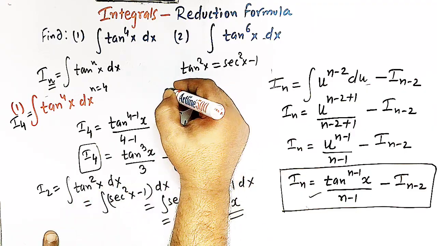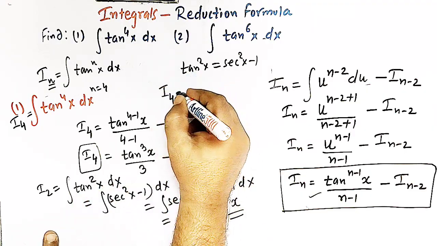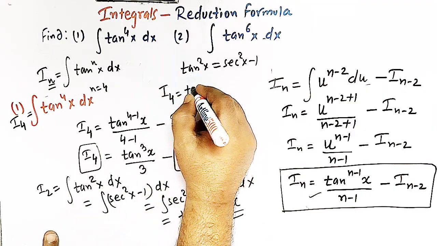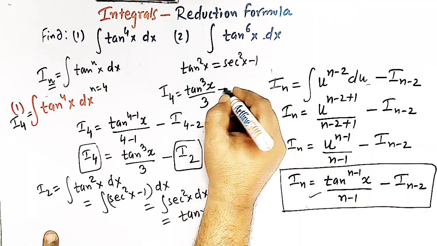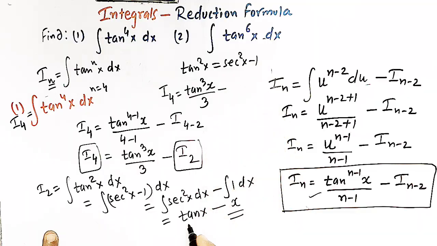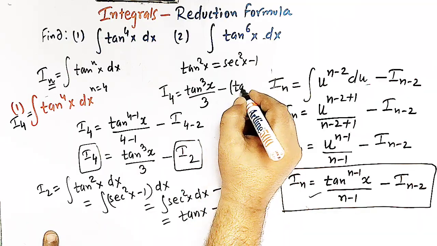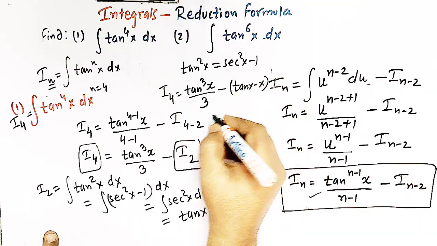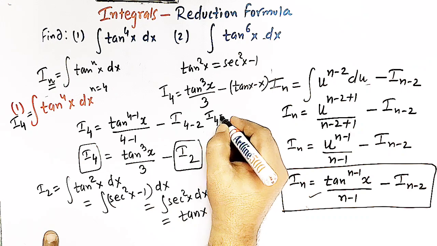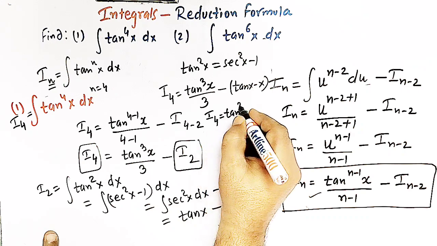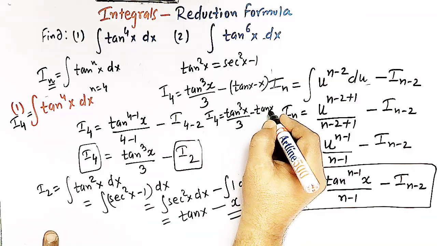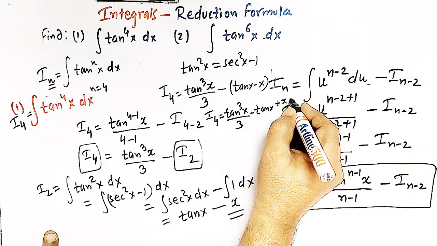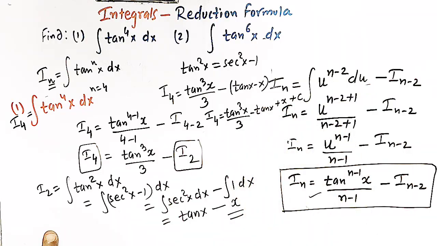So now the value of I4 can be written as tan cube x over 3 minus tan x minus x. So we can now write I4 is equal to tan cube x over 3 minus tan x plus x, and here we'll write the constant of integration as c.